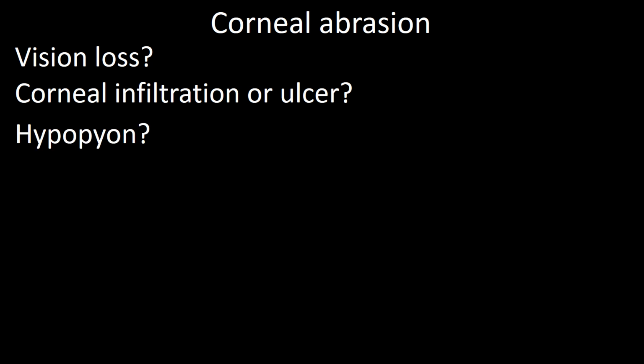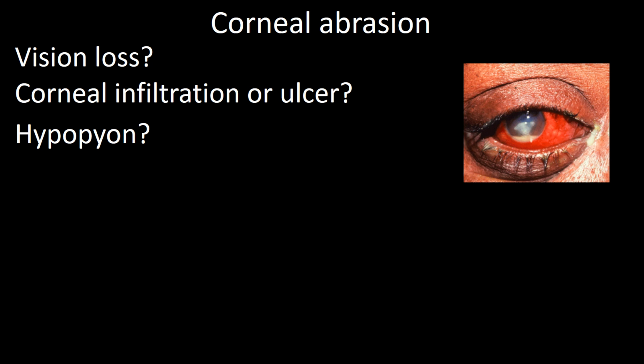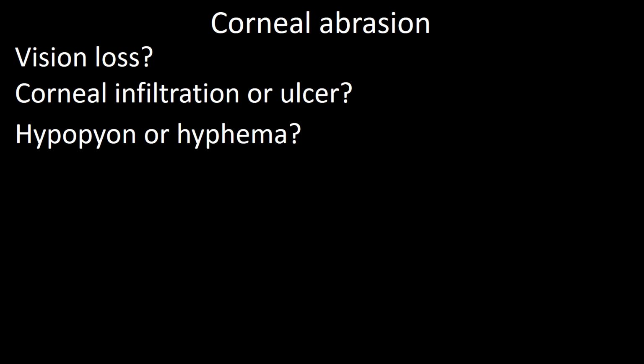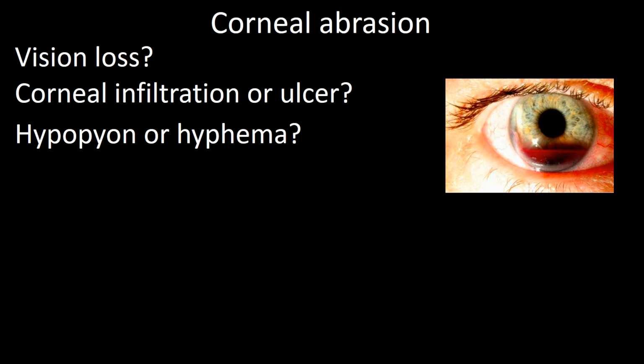Is there hypopyon, which is another way of saying is there pus in the anterior chamber of the eye? Notice the whitish color of the fluid and the presence of a fluid level in this patient with hypopyon. Is there hyphema, which means blood in the anterior chamber?